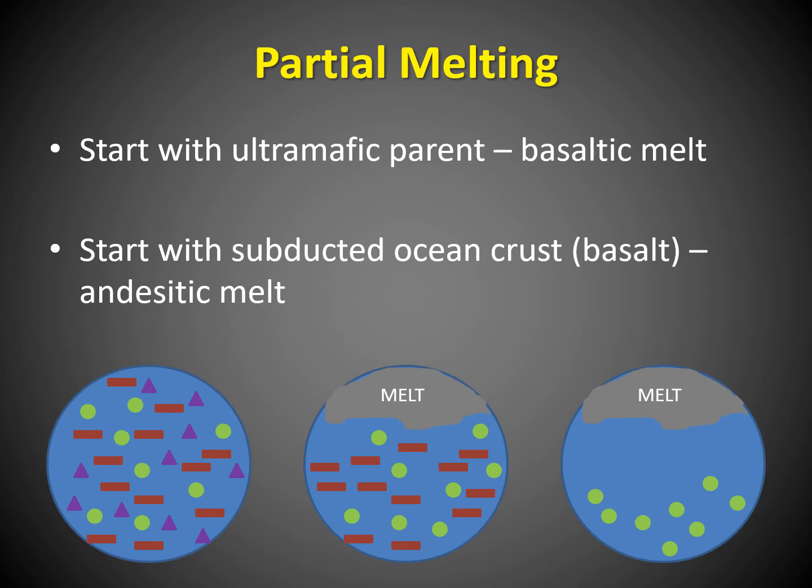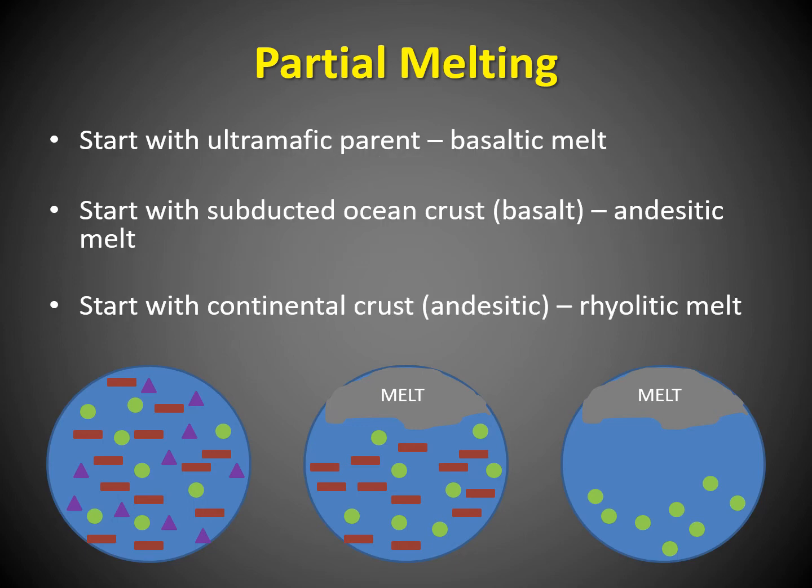And then if you have truly continental areas, they're made of stuff like andesite, and you melt that, you end up with something that's even more silica rich. So silica rich that quartz will actually form in it. You end up with rhyolites.